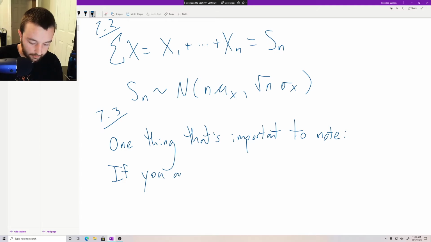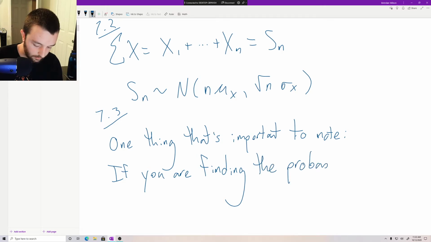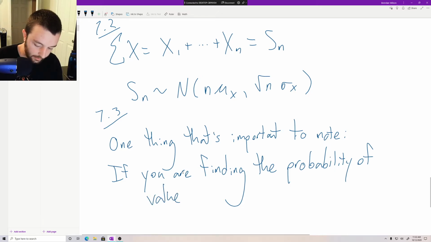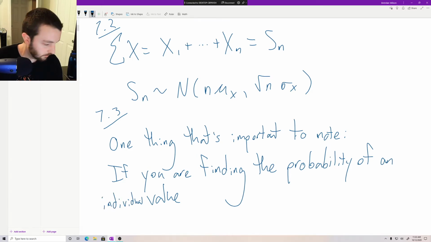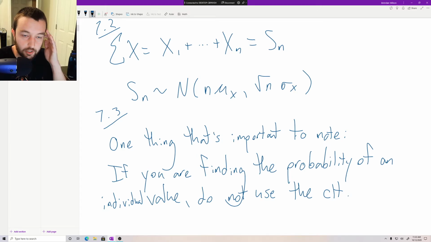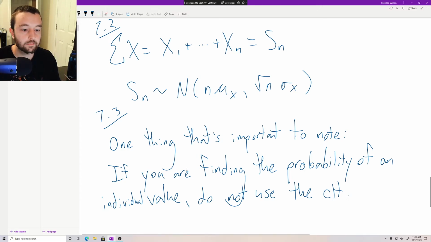If you are finding the probability of one value, more precisely of an individual value, do not use the CLT. You would just use whatever the distribution of the random variable is.